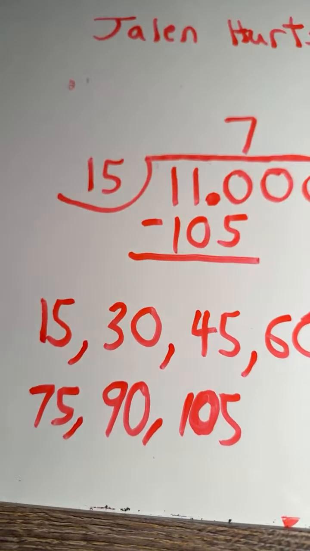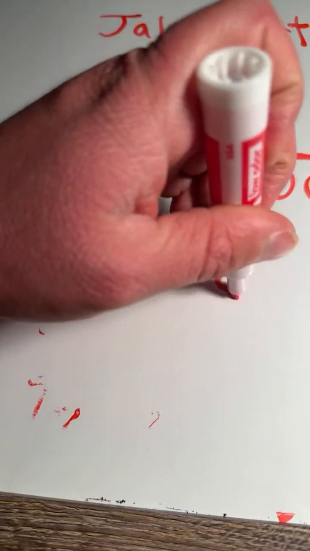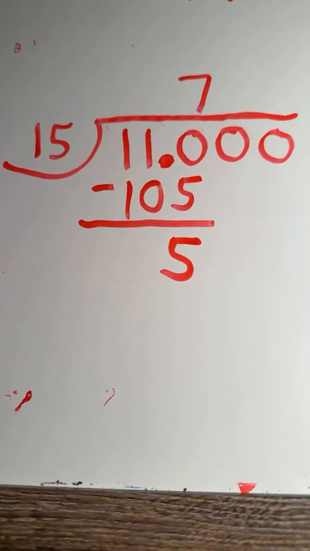So 110 minus 105 equals 5. Next, we bring down the 0.